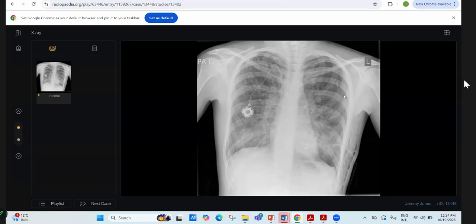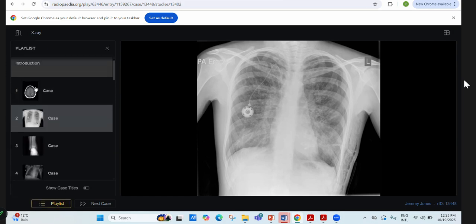Anything else? Ileocecal junction abnormalities, and of course meconium ileus syndromes leading to obstruction. Yes, small bowel obstruction. So they can ask you about GI related abnormalities, and you should remember this.